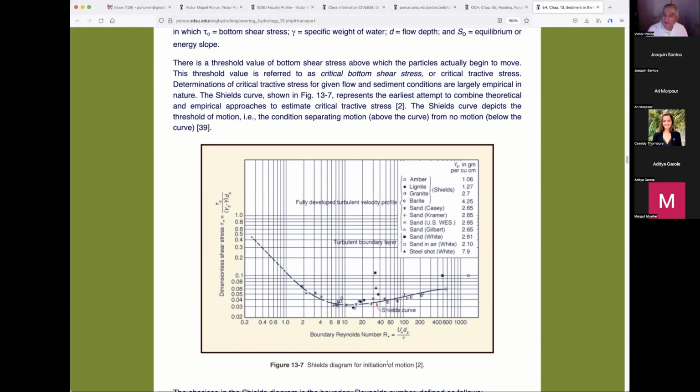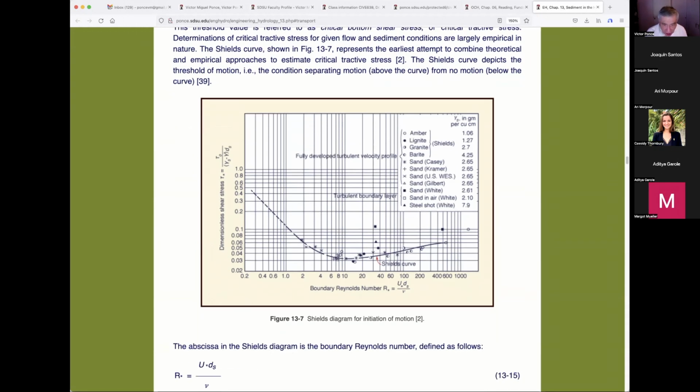Okay, so let's go back to Shields now. Shields identified the abscissa of his curve, and he called it the boundary Reynolds number. You know the Reynolds number is a ratio of two viscosities. The viscosity in the numerator is like a macro viscosity, but it's a special type of macro viscosity.